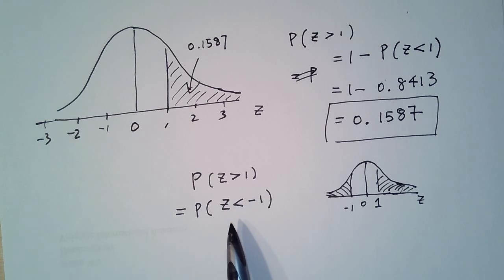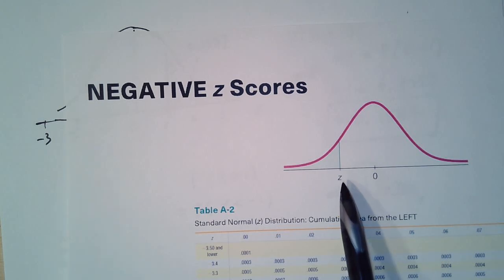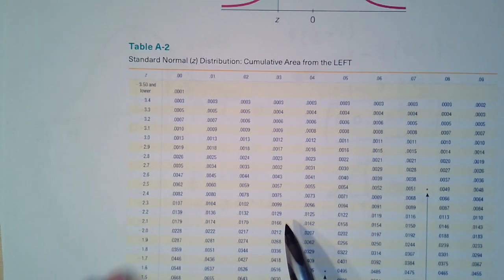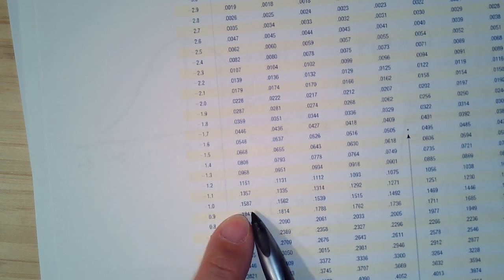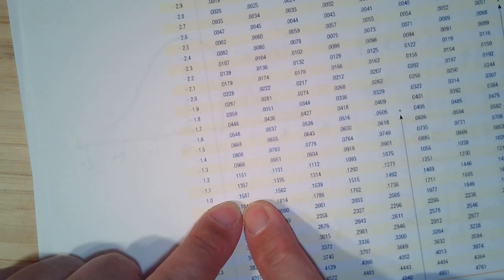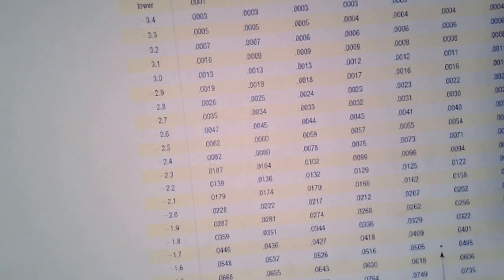So we can find it by looking at the negative z-score table. We look for z equals -1, and you're going to find here -1.0. And here's a 0, 1.00. Did you see 0.1587? Here. Make it really big so you can see. Okay, better.